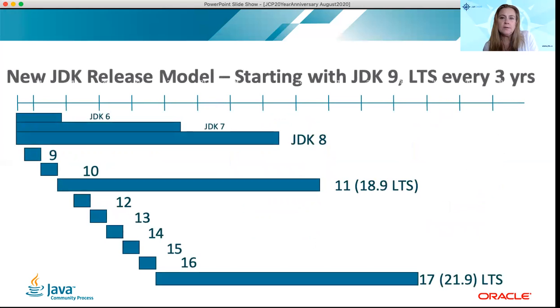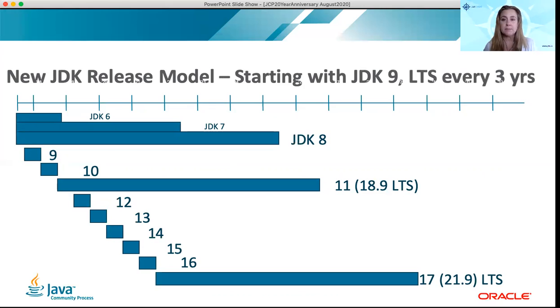And around that same time, starting with JDK 9, we introduced into the Java ecosystem this idea of long-term support releases. So that's not a new concept. It's new to the Java developer community, whereby we will have releases every 6 months, but every 3 years, one release will be designated a long-term support release.